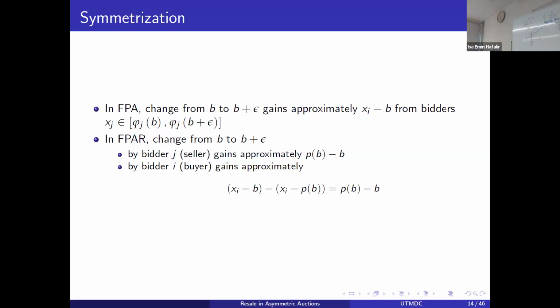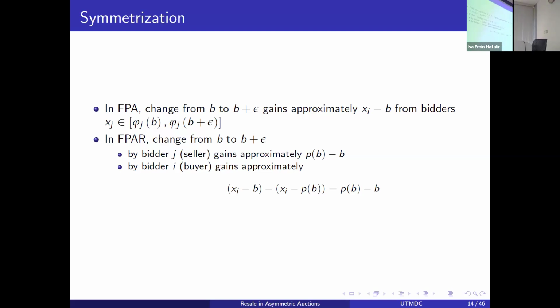For all the additional people that I get, these are the highest possible values, and P of B is necessarily smaller than those values, and all of them will accept my monopoly price. So my gain becomes not phi minus B, but P minus B.